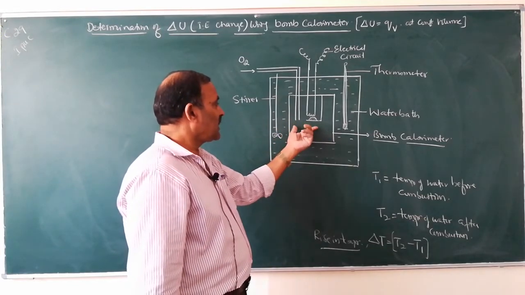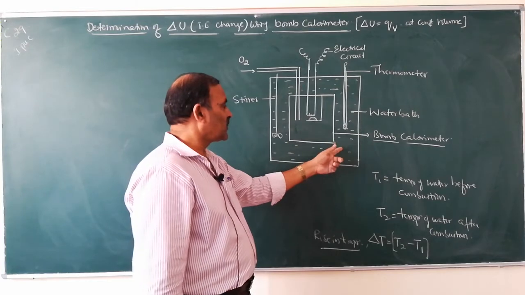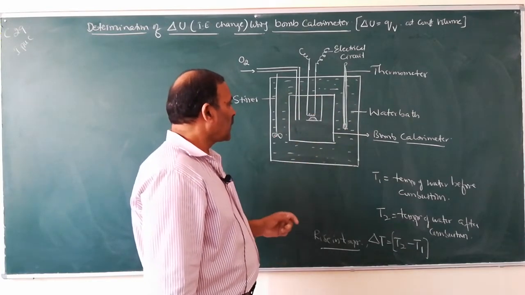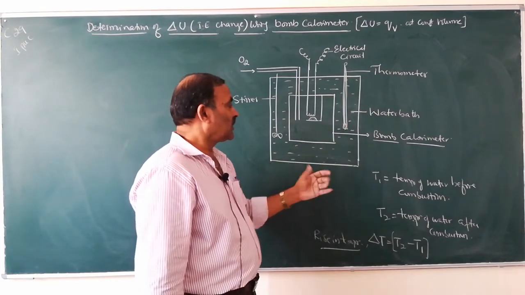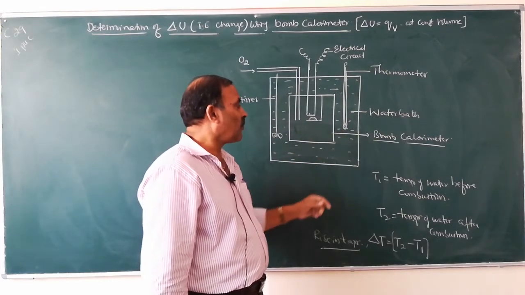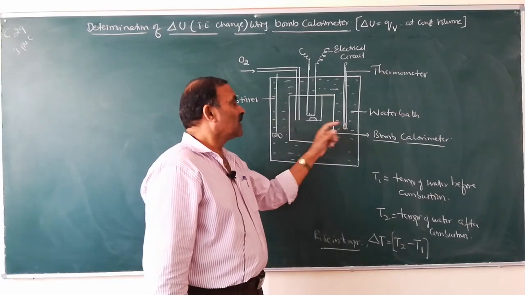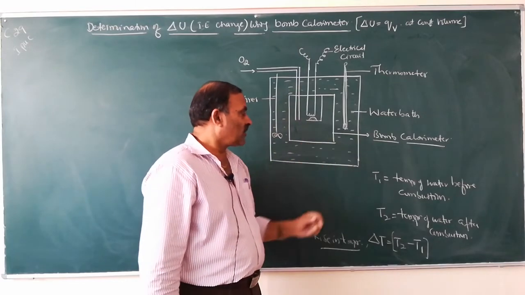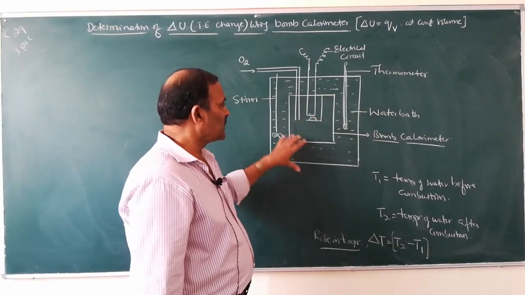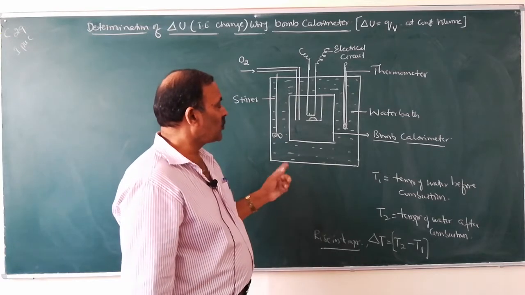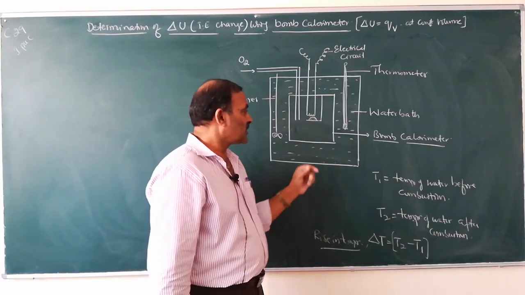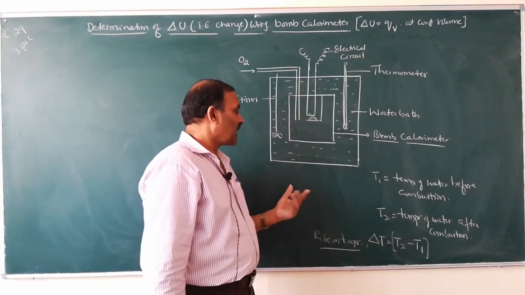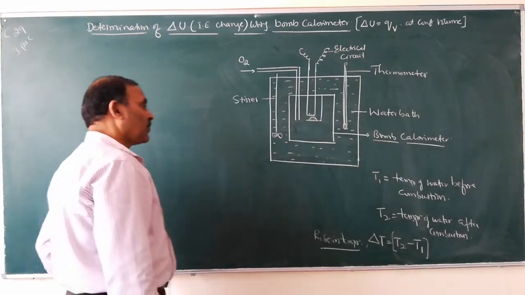The liberated heat is transferred to the water which surrounds the calorimeter. Then note down the rise in temperature of water using thermometer. Then the amount of heat liberated at constant volume, since the volume is kept constant, is nothing but the change in internal energy and it can be calculated using the given formula.